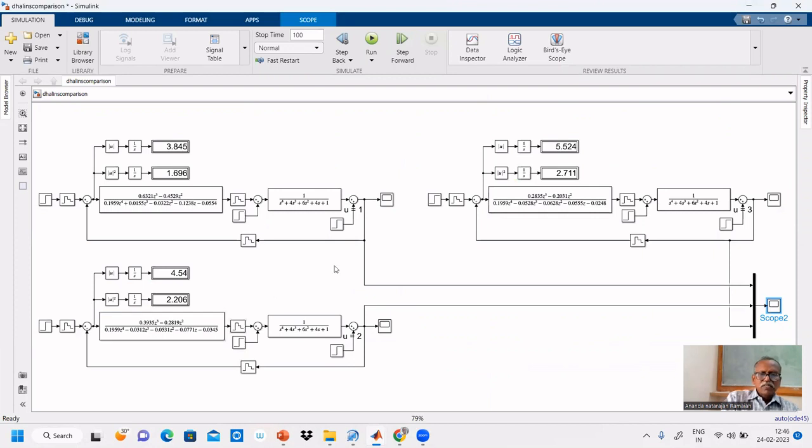set point changes here. Now, let us check for the ideal case. The controller is designed for 1 by 3s plus 1, e power minus 1.346. Let us enter that value here.